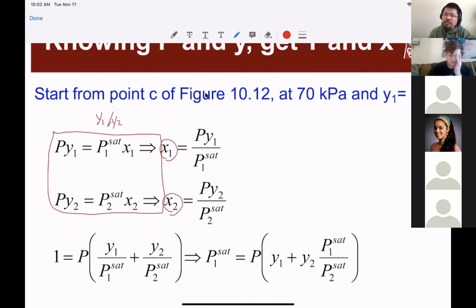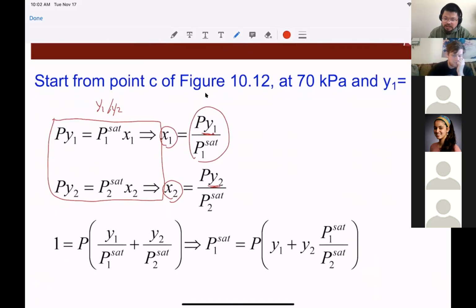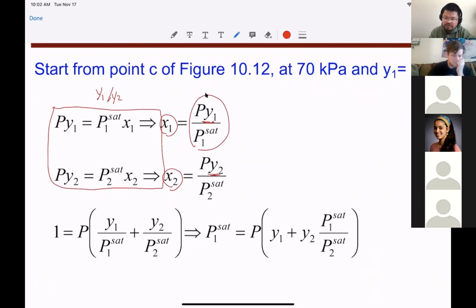In other words, I'm trying to express x1 and x2 as some function of y1 and y2. And the convenience is now, if I have these 2 equations for x1 and x2, I add up those 2 equations, that shall give me 1, because x1 and x2, the sum is always 1, and that's on the right hand side. Okay.